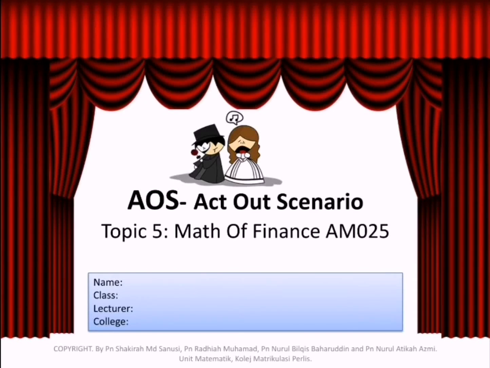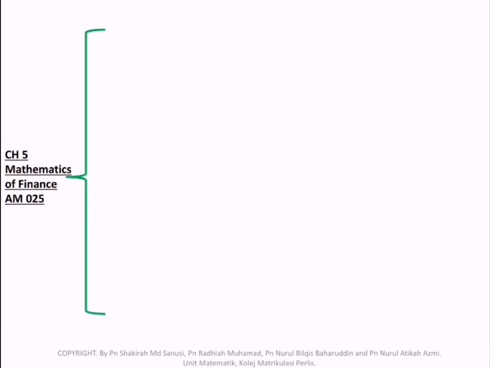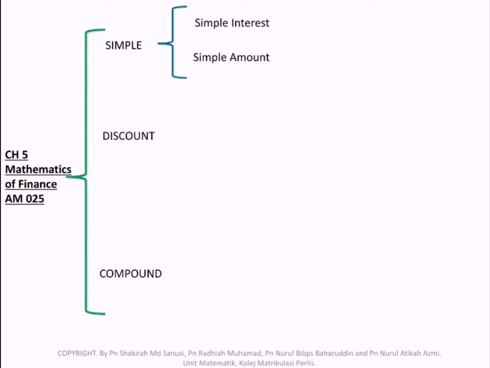Everyone, today we are going to learn about Chapter 5, Mathematics of Finance, AM 0 to 5. In this subtopic, we are going to learn about simple, discount, and compound. In simple, we will have simple interest and simple amount.